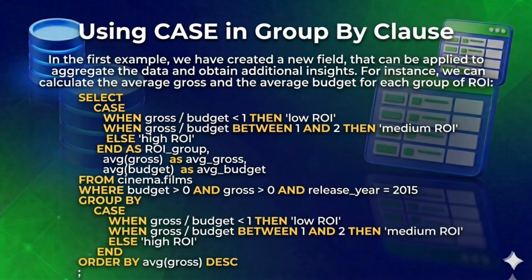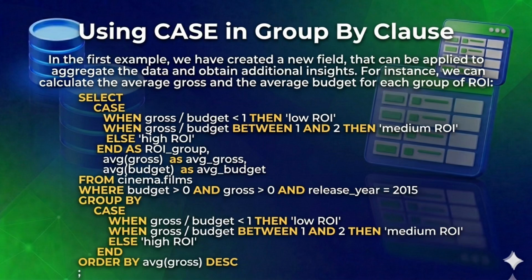Now, let's explore how to use the case statement with the group by clause. In this example, we're creating a new derived field called ROI group, which helps us categorize data and perform meaningful aggregations. We calculate ROI using the formula gross divided by budget. Then, using the case statement, if the ROI is less than 1, we label it as low ROI.